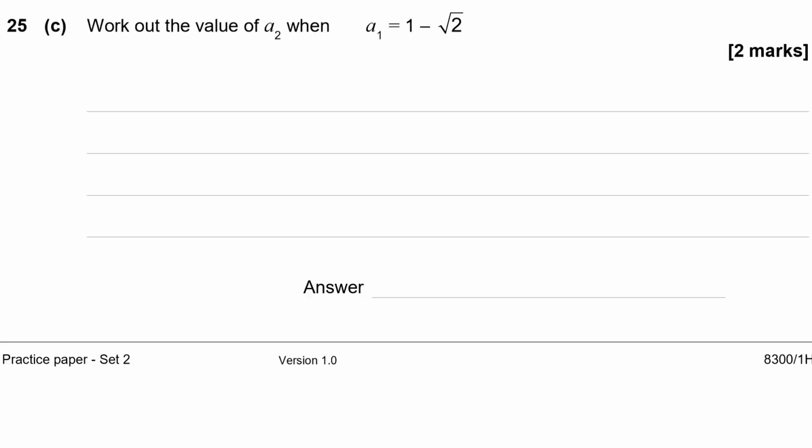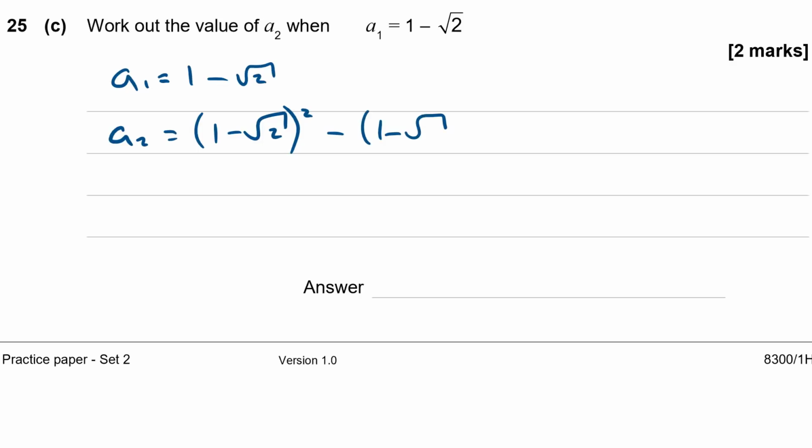Okay, well again, if a_1 is equal to 1 minus root 2, then a_2 is going to be my a_1 value squared, subtract my a_1 value. Okay, so I've got 1 minus root 2 squared.